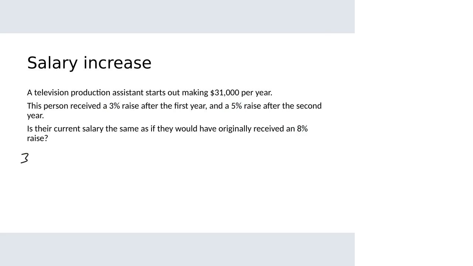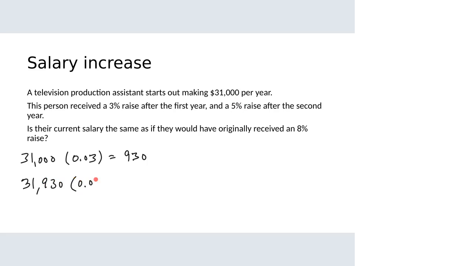Let's start out with that $31,000, and they get a 3% raise. So we're going to tack on 3% on top of there. So the amount of the raise they're going to get is going to be 3% of that. That's $930. So at the end of that first year, now they're making $31,930, and they're going to get a 5% raise on top of that.